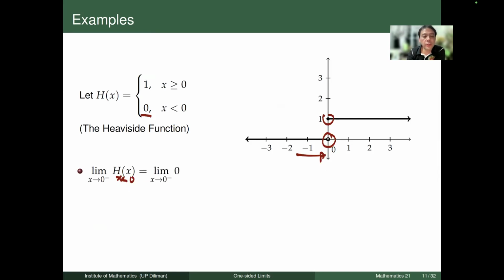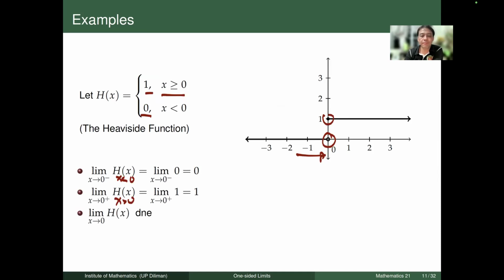And the limit of 0 is 0. Coming from the right, x is greater than 0. So we use the positive. So h is equal to 1. And the limit of 1 is 1. Okay. So since these two values are not the same, we conclude that the limit of h of x as x approaches 0 does not exist.